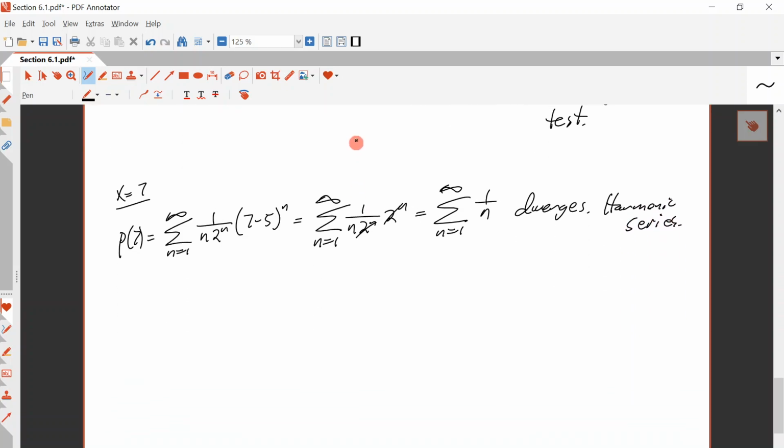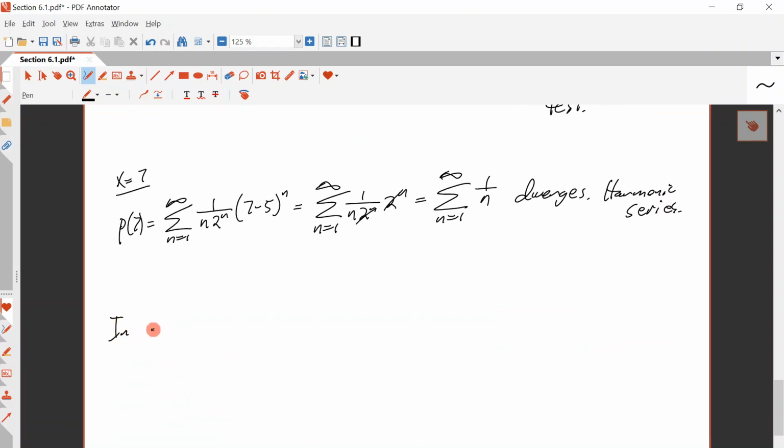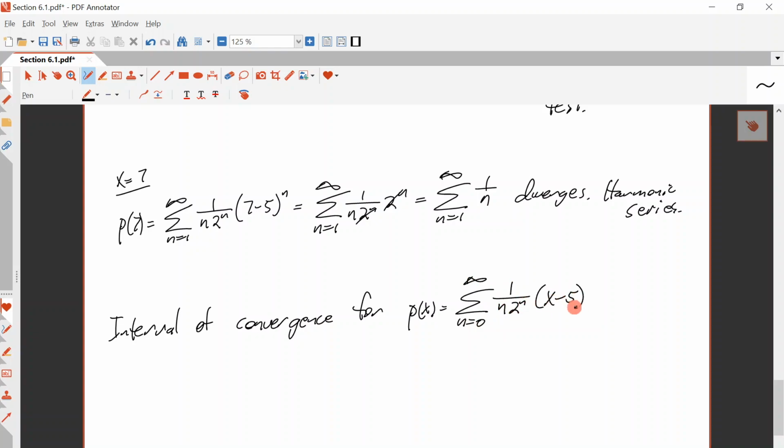All right, thus the interval of convergence for P of x equal to the sum n equals 1 to infinity of 1 over n 2 to the n, times x minus 5 to the n, is 3 less than or equal to x less than 7.